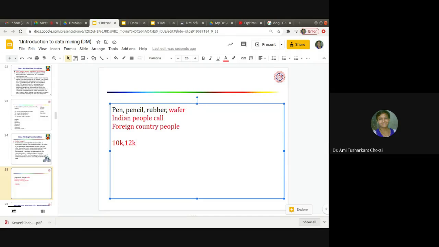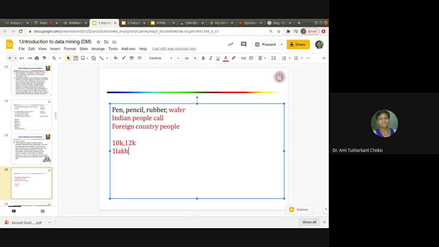But if suddenly I start withdrawing, say, 1 lakh, then people will be surprised. Oh, what happened? From where is this person getting the money? Isn't it? That is what an outlier is.